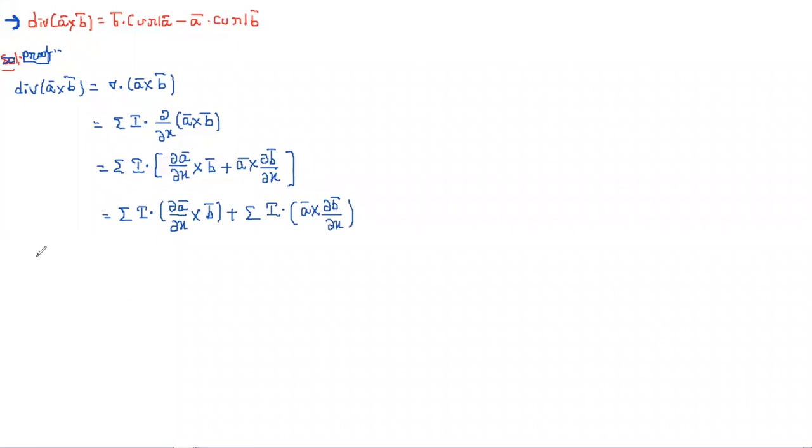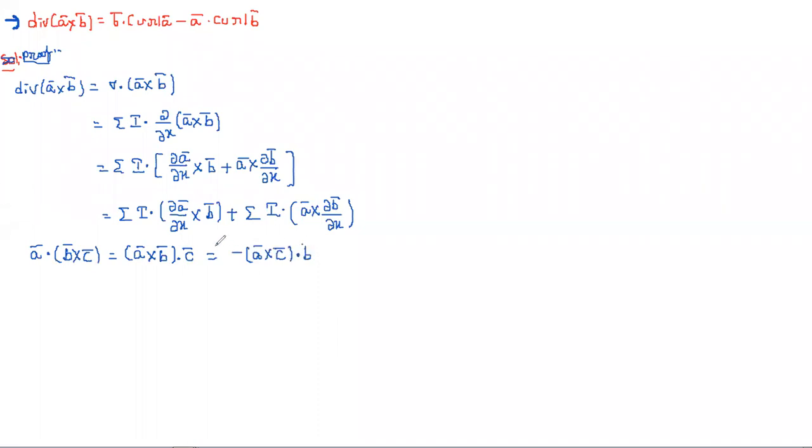So here I am going to apply the formula. Already we discussed the formula, A bar dot B bar cross C bar. This you already got in your intermediate level. A bar dot B bar cross C bar is equal to A bar cross B bar dot C bar, or minus of A bar cross C bar dot B bar.